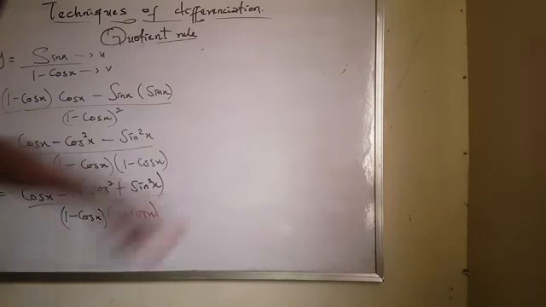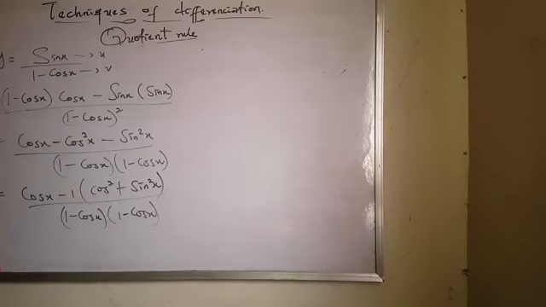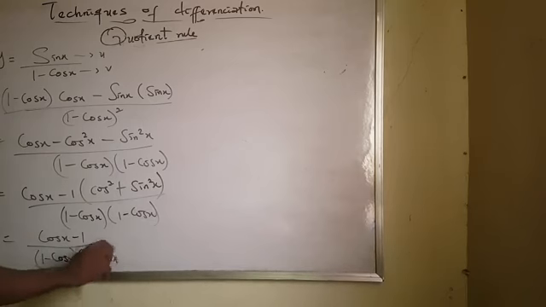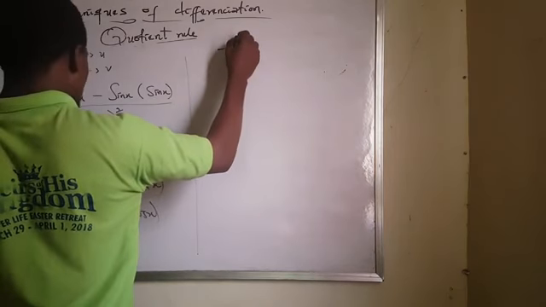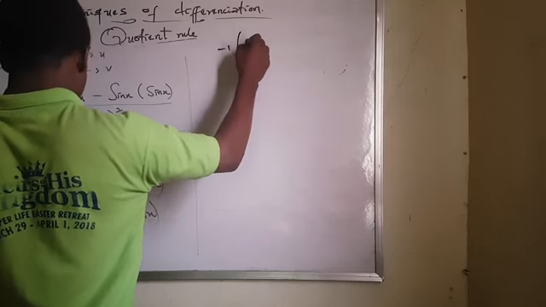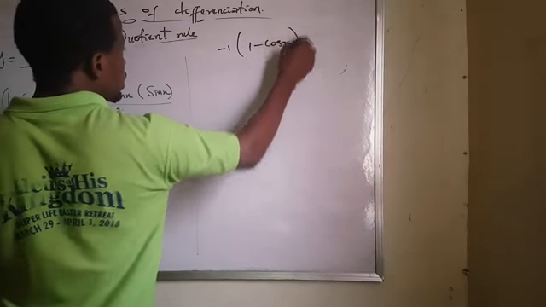What is the identity I gave the other time? It is 1. 1 times this remains this. So I have cos x minus 1 upon 1 minus cos x, then 1 minus cos x. What will that become? Look at this, 1 minus cos x, 1 minus cos x. I can have this as minus 1, open brackets, 1 minus cos x.